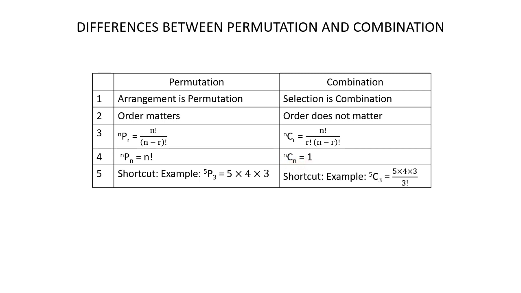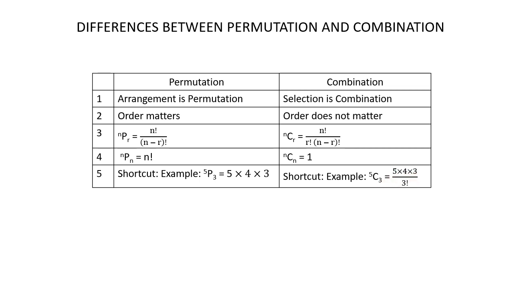The shortcut method to find the value of 5P3 is starting from 5 in the descending order, there has to be a multiplication of 3 numbers. So 5P3 is equal to 5 multiplied by 4 multiplied by 3. The shortcut method to find the value of 5C3 is starting from 5 in the descending order, there has to be a multiplication of 3 numbers, and this has to be in the numerator.